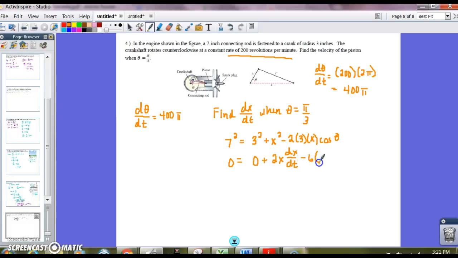I'm going to take the constant out, and then I'm going to do my product rule. So the first times the derivative of the second. Derivative of cosine is negative sine. So I have negative x and then sine theta d theta dt, plus the second, cosine theta, times the derivative of the first, which is dx dt.